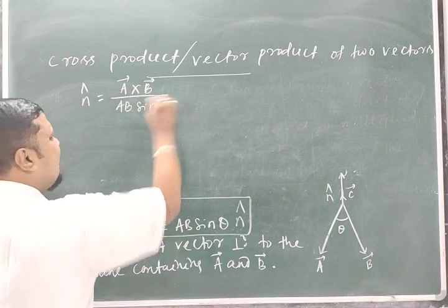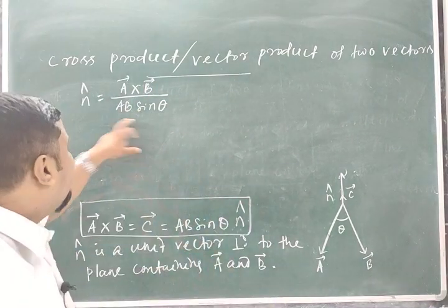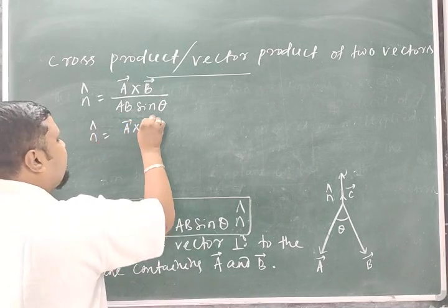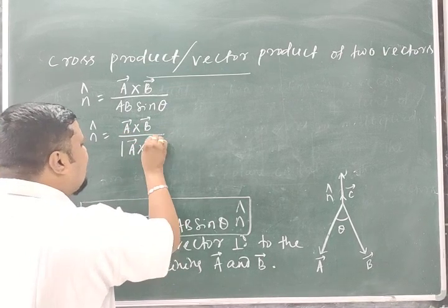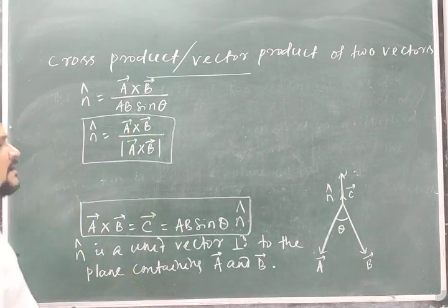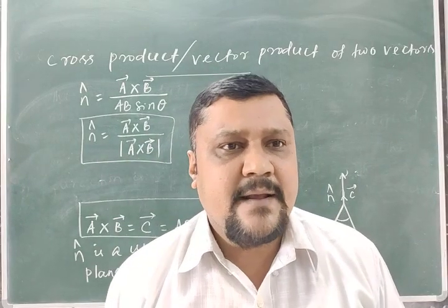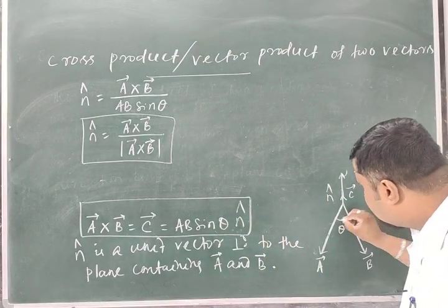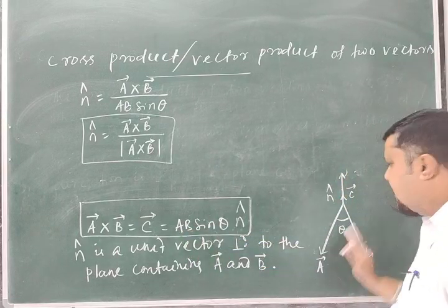So what is this AB sin theta? This is the magnitude of A cross B. A cross B is a vector, C vector, and the magnitude of C is AB sin theta. So this can be written as n cap equal to A cross B divided by modulus of A cross B. This gives you the magnitude of A cross B. So this is a question also: write a unit vector perpendicular to the plane having two vectors A and B. And remember, this consists of the magnitudes of A and B, and the sine of the smaller angle between them.